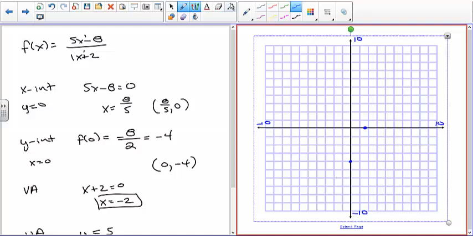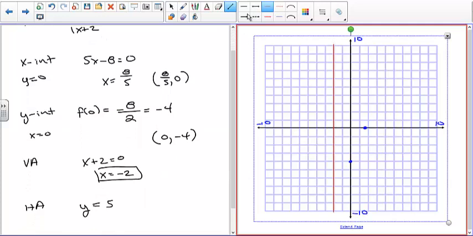We can draw a vertical line at x equals -2. And we have a horizontal asymptote of 5. So that would be right here, both ways. So, most likely you would expect it to go something like this.